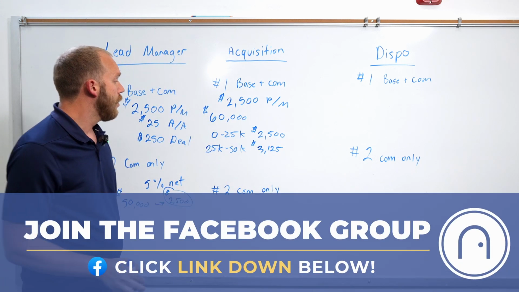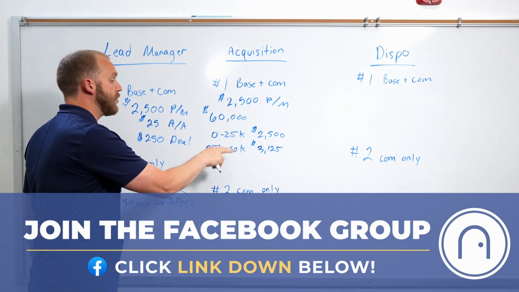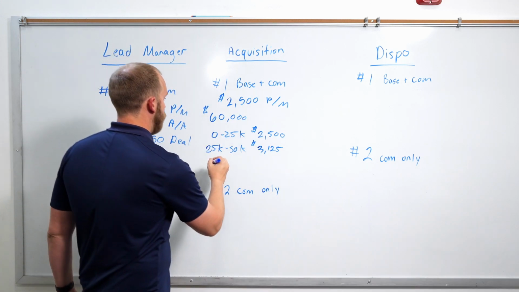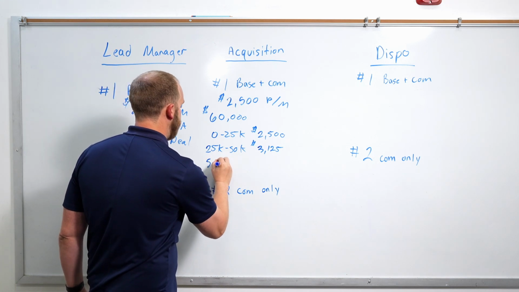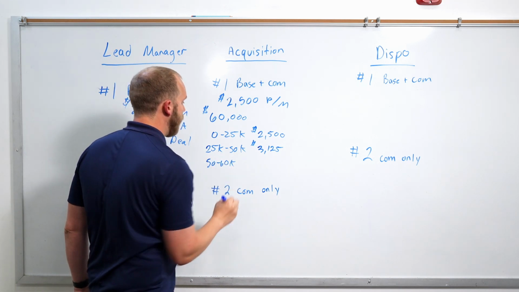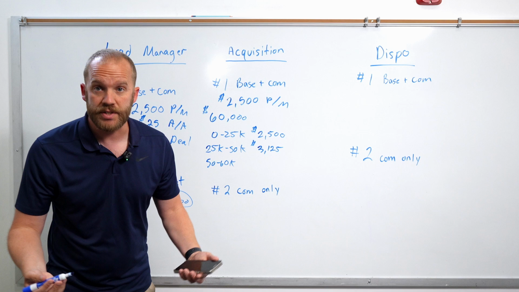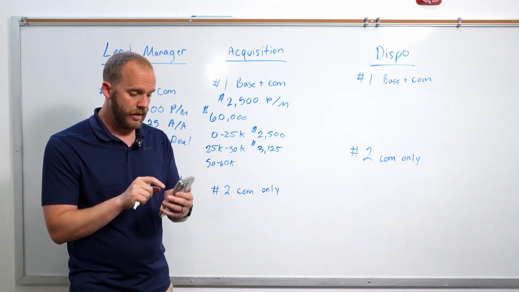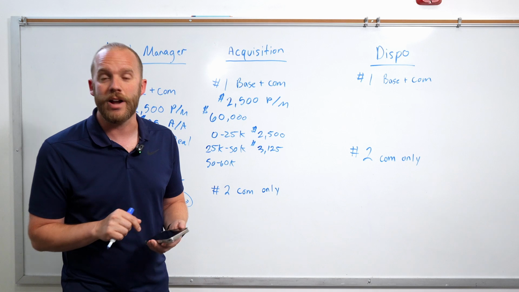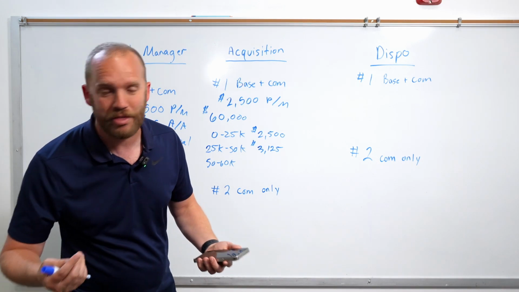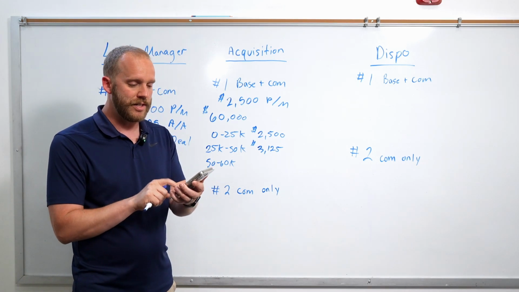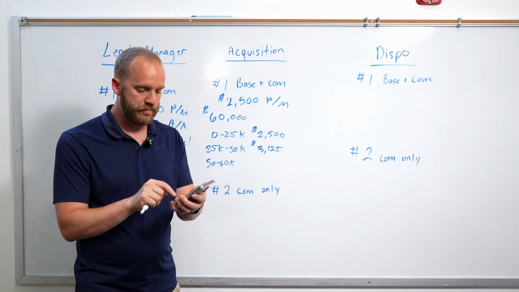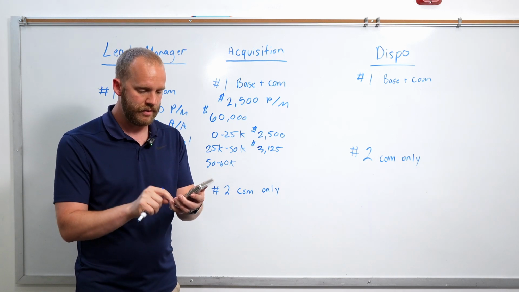And then we have the $10,000 difference between 50 and 60. So we have to factor in the 50 to 60K profit area, and they're going to get 15% on that $10,000 that's left. So again, take out your calculator. I know you didn't think this was going to turn into a math class, but here we are. So we got $10,000 times 0.15.